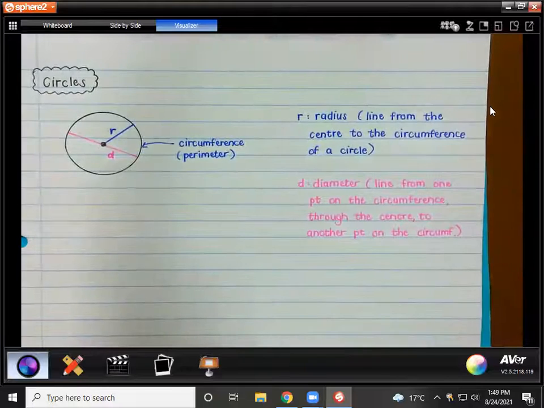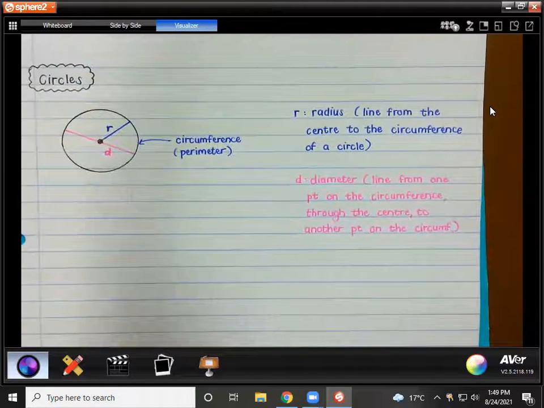And I'm just going to abbreviate that there. Okay, I think we've written the word circumference more than enough times now.